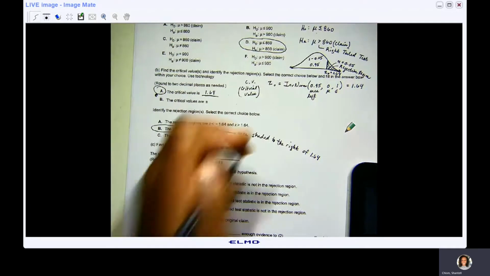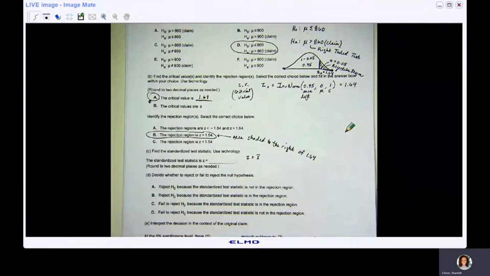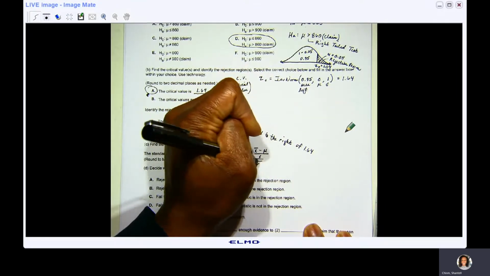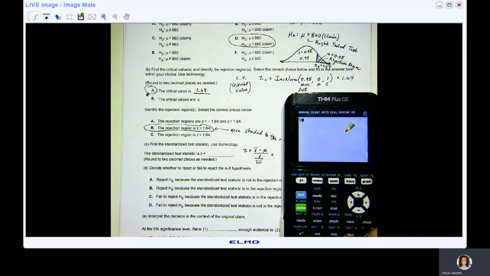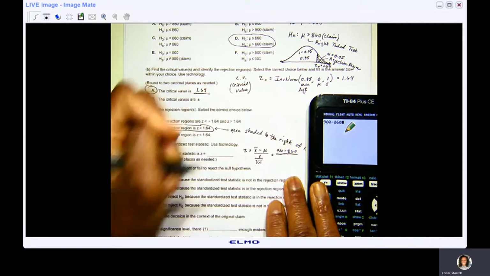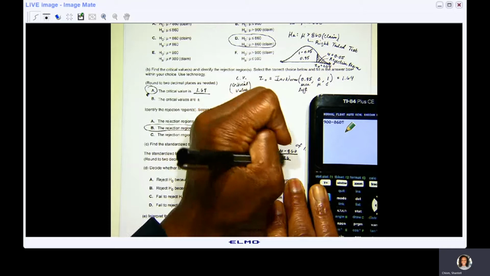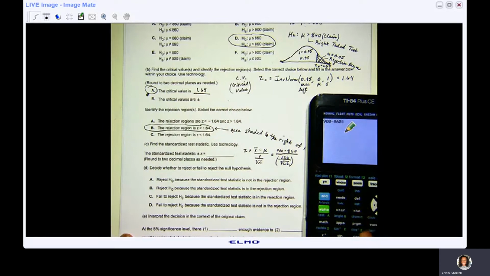Okay. All right, so our test statistic is Z equals X bar minus mu over sigma divided by square root of N. So X bar, which was 900, minus the mean, which is 860, over the standard deviation, which is 126, divided by the square root of N, which is 62. 900 minus 860 is just 40.